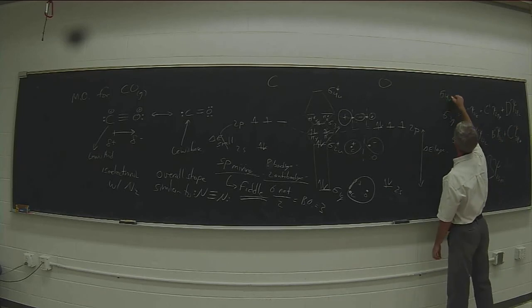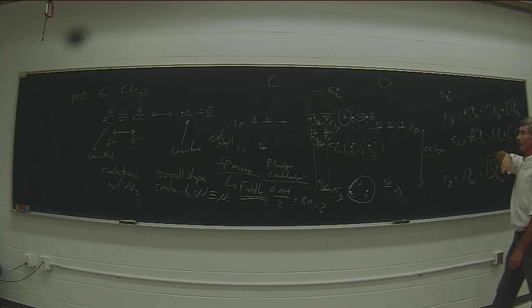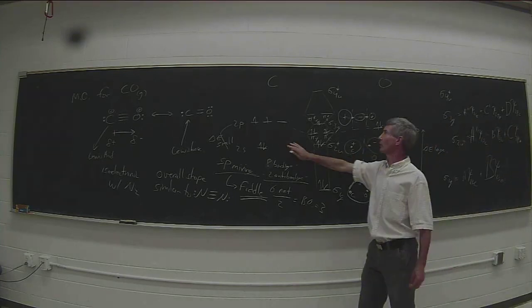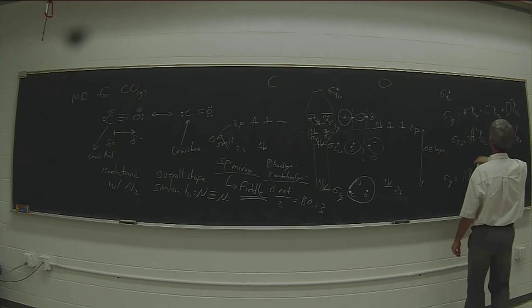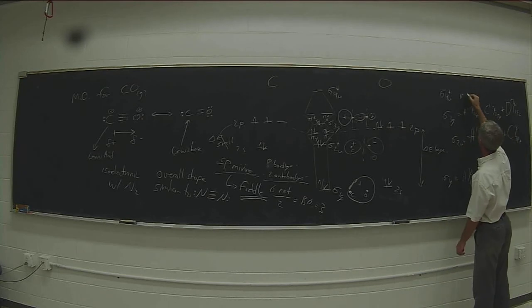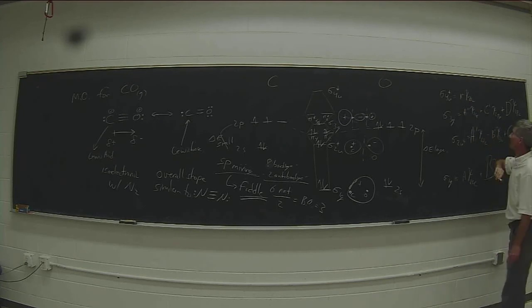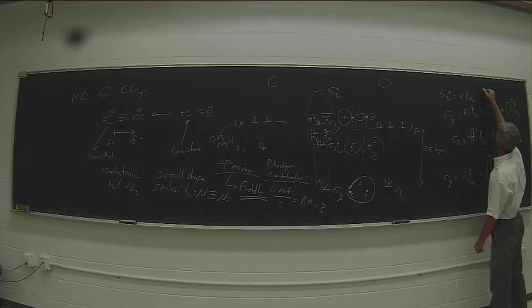Sigma 4U star now takes very little electron density from the 2s orbital on carbon because there's not much left. A triple prime times psi 2s carbon. And then it's going to have destructive overlap between the 2p orbital on carbon and the 2p orbital on oxygen.